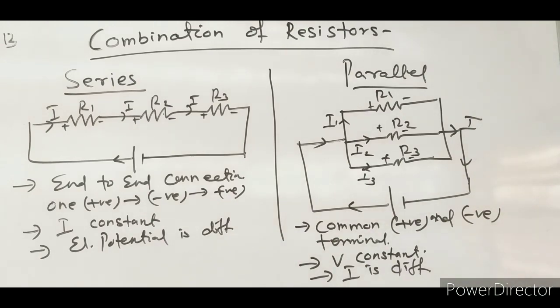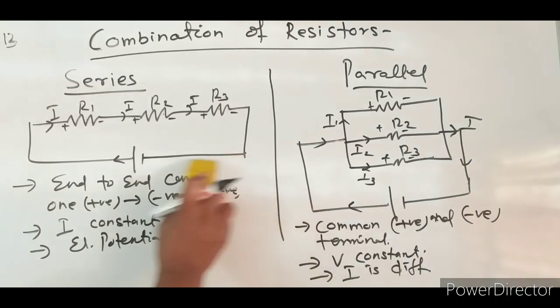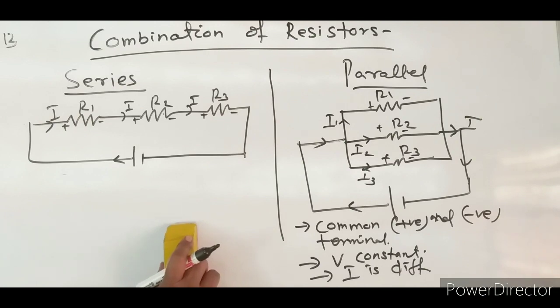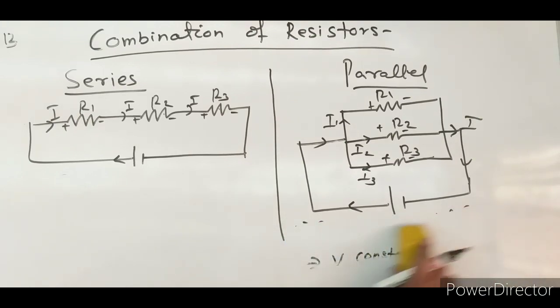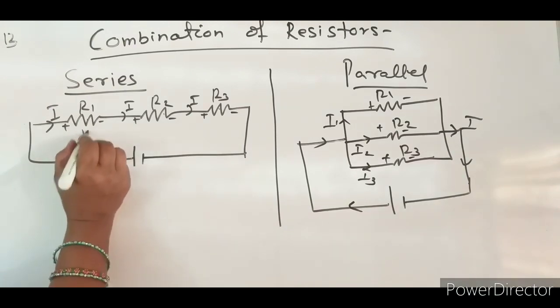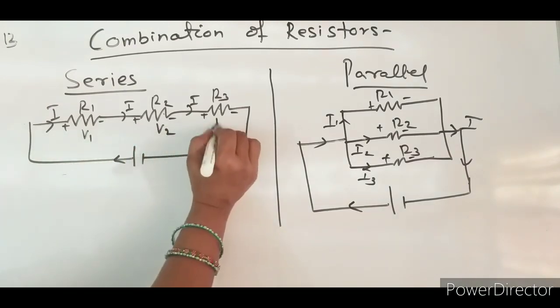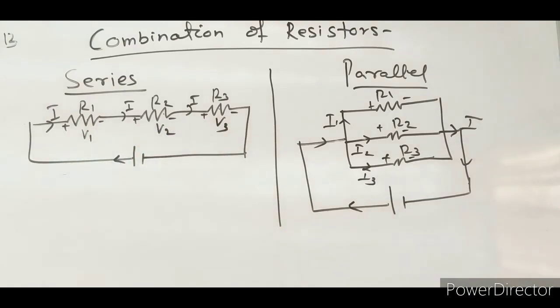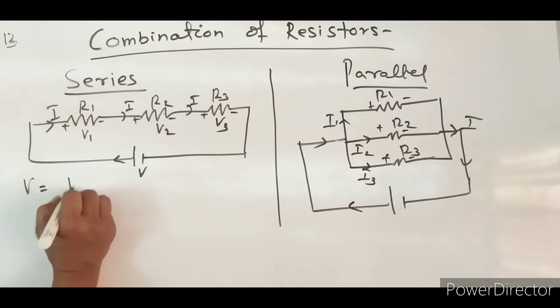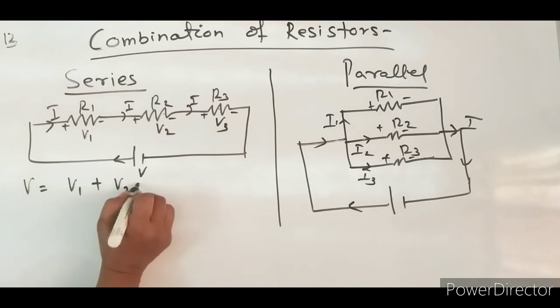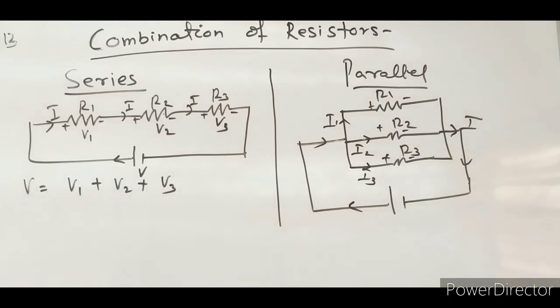Okay, now let us go for something else. Let me rub this one so that we can discuss. So here, in this case, this one will be V1, this one will be V2, this one will be V3, but this one will be V only. So what we are getting, V equal to V1 plus V2 plus V3.